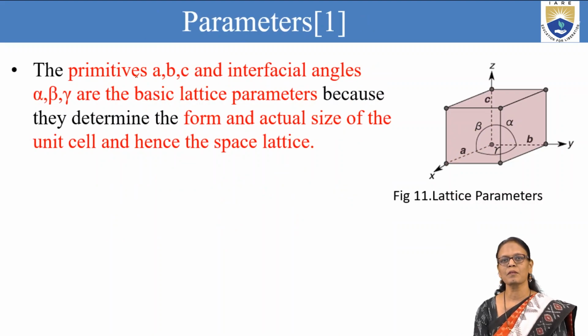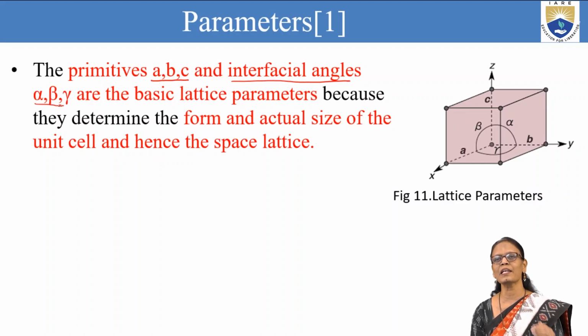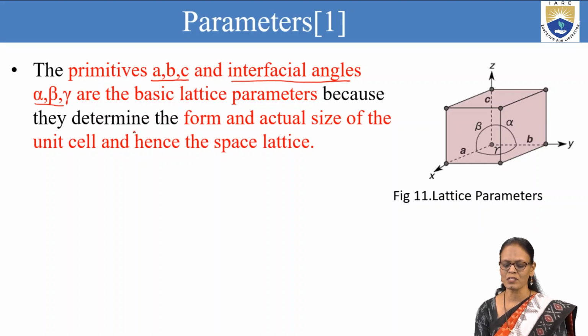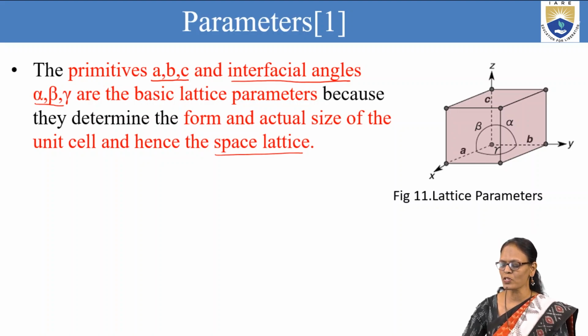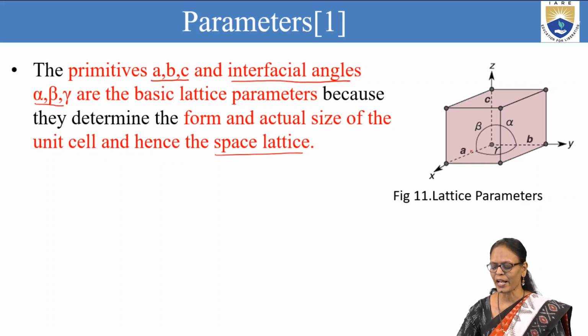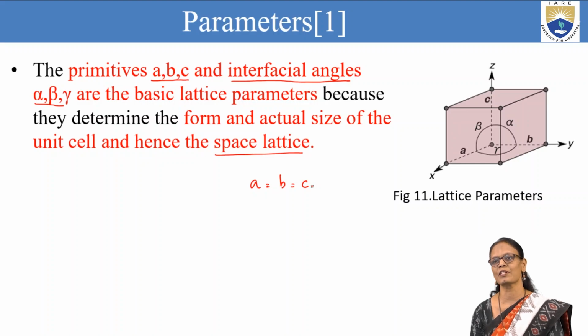Now these parameters, the primitives A, B, C, which we call lattice constants, and the interfacial angles alpha, beta, gamma, form the basic lattice parameters because they determine the form and the actual size of the unit cell, and that is how we have a space lattice. In three dimensions, there may be a case where A equals B equals C, which means that in all three directions the points are arranged at the same distance.